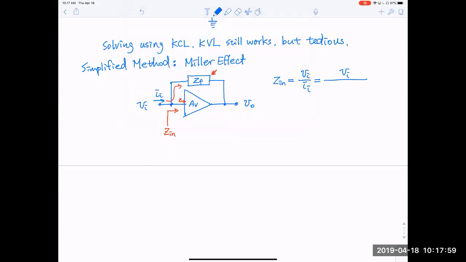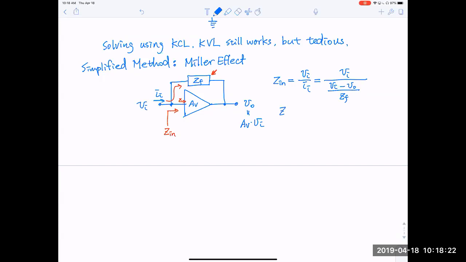Then II can be quickly estimated by VI minus VO divided by ZF, okay? And VO is equal to the voltage gain AV times VI, right?